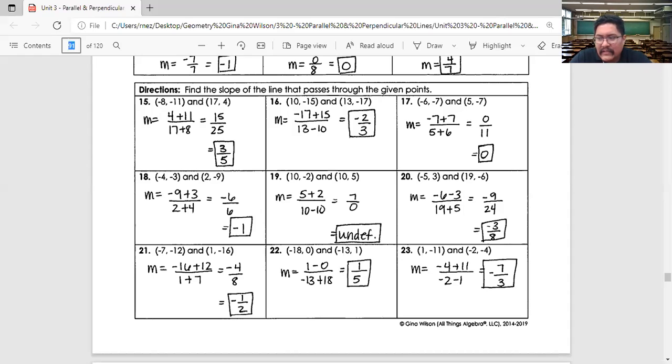Like I said, I'm not going to spend too long on this, so I'm going to give you a few minutes to write this down. And again, this is sort of review.